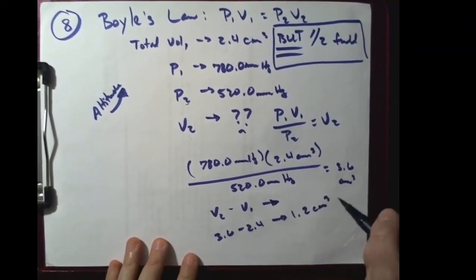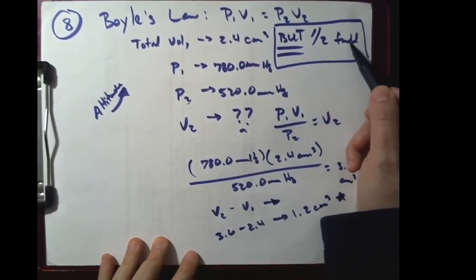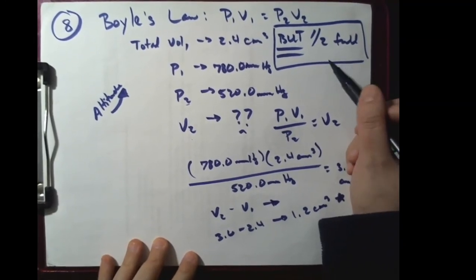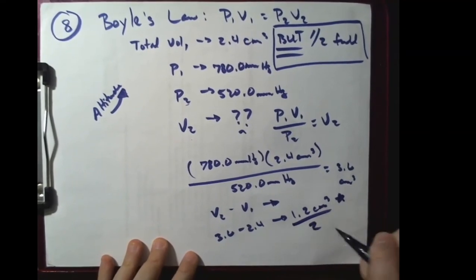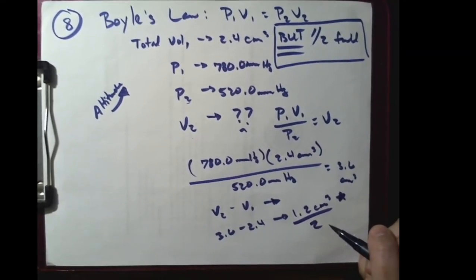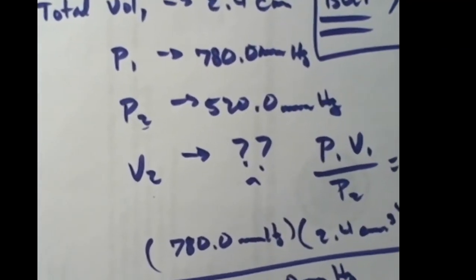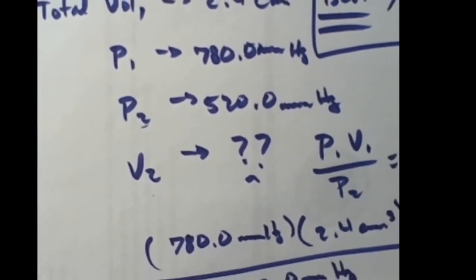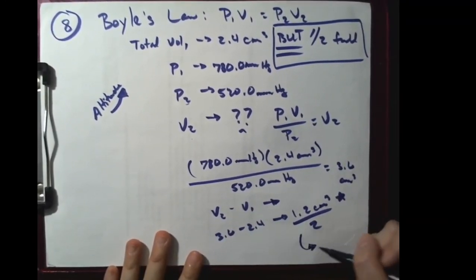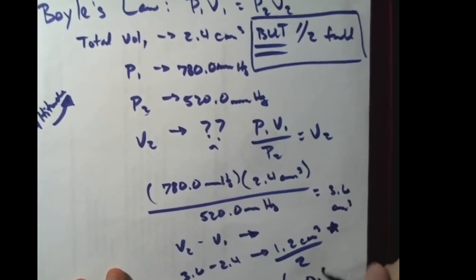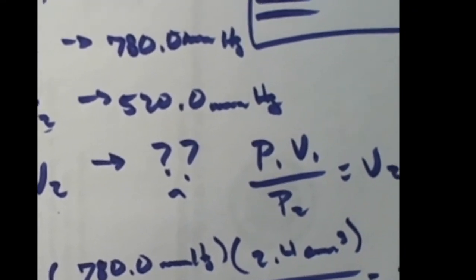However, remember that it said it was half full. Half full meaning half of what we have. So we're actually going to divide this by 2. So since it was half full, how much ink comes out? We only have 0.6 centimeters cubed of ink coming out.